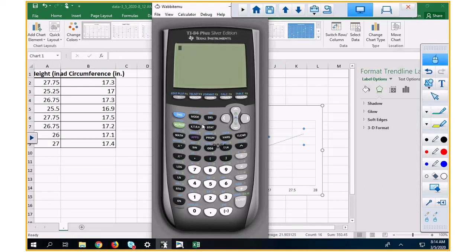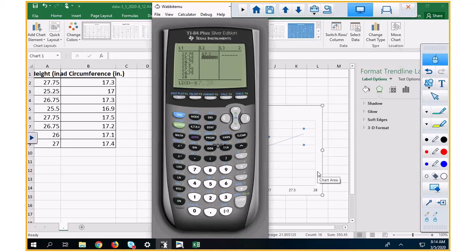So, stat, edit, 27.75, 25.25, 26.75, 25.5, 27.75, 26.75, 26, and 27. Everybody with me?